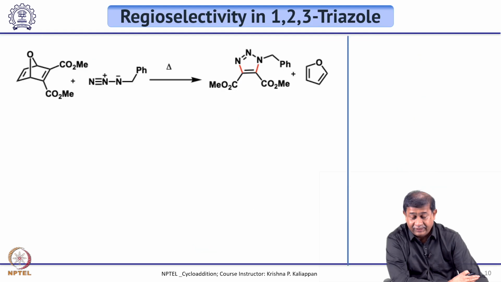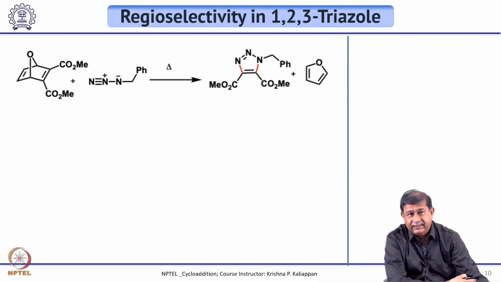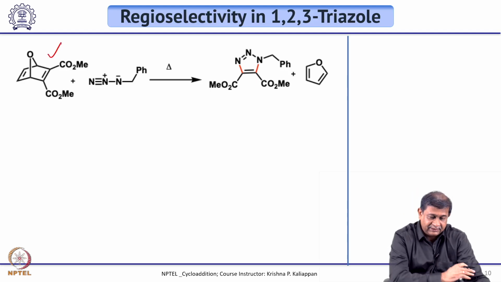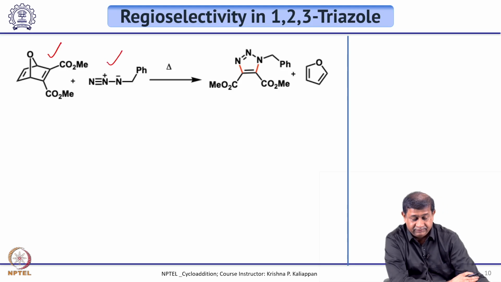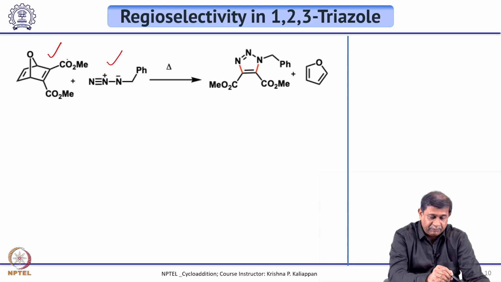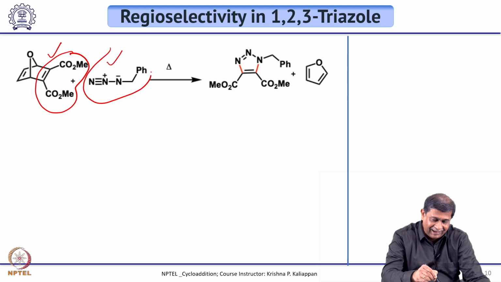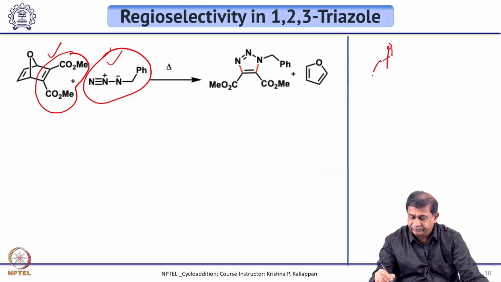However, consider an intermolecular 1,3-dipolar cycloaddition with a Diels-Alder adduct, where we also talked about the retro Diels-Alder reaction. When you take this substrate and do a 1,3-dipolar cycloaddition with benzyl azide, it can undergo cycloaddition between this double bond and this azide.